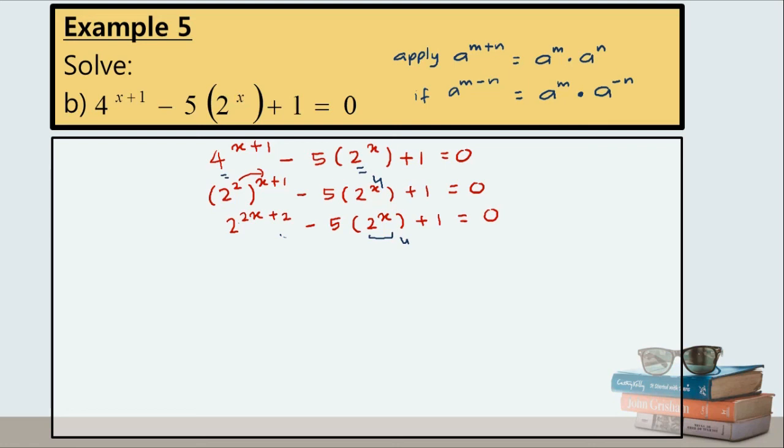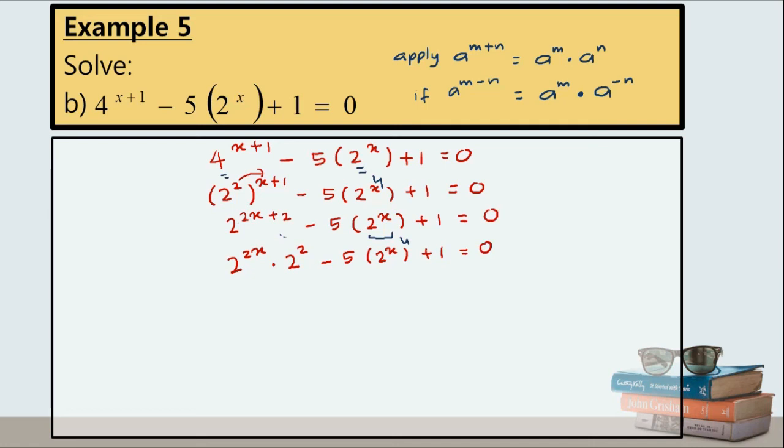Okay. So here, we will write like this. From the formula, we will get 2 to the power of 2x times 2 to the power of 2 minus 5 times 2 to the power of x plus 1 equal to 0.